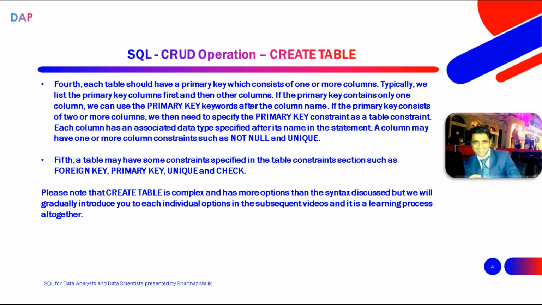Primary key and foreign key you should be familiar with by now, and unique is a distinct value. All of these will be repeated in the coming lectures, because I'm going to create tables and relationships, and these terms will be highlighted and explained again.